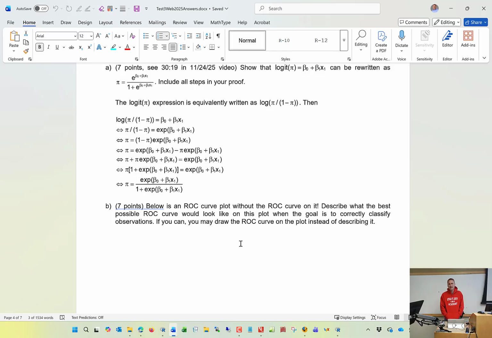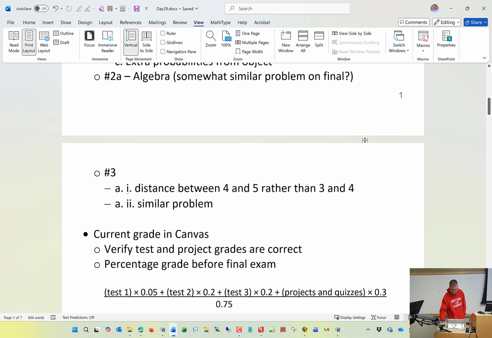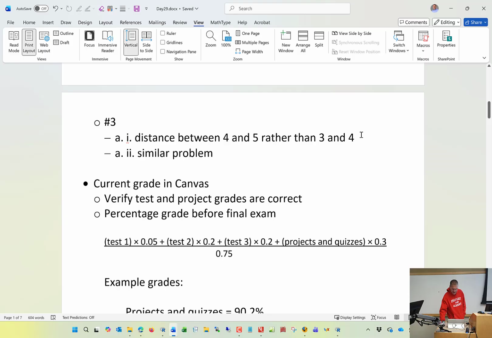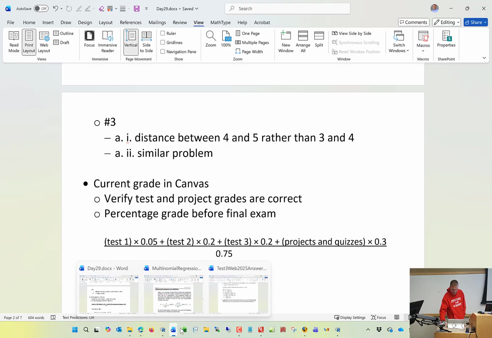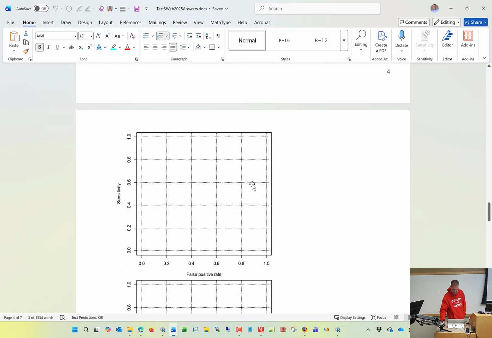Do note for those who take Stat 475 and 875 next semester, I often give this same question in that class on a test because we talk about logistic regression much more detailed, in more detail. And 3A, I was not expecting it, but I have a feeling why it occurred.